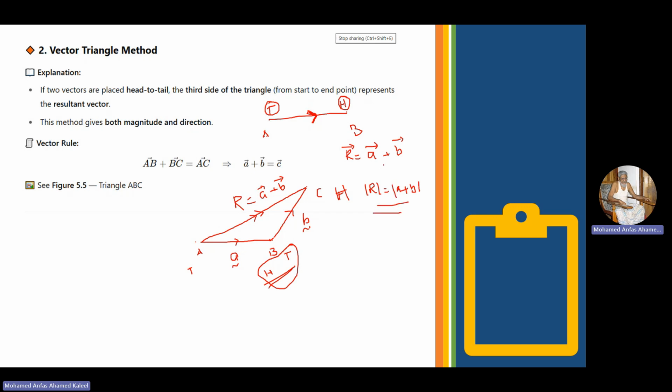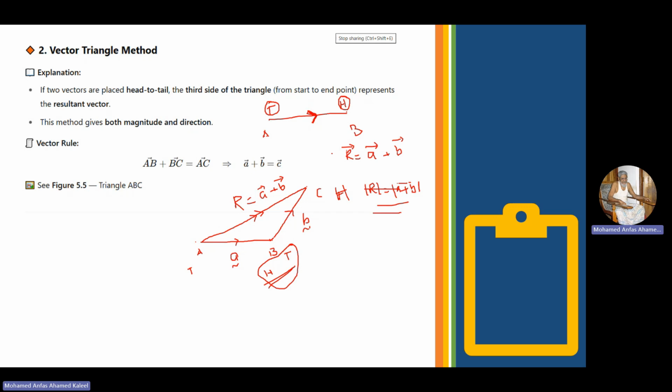This is possible only where the vectors are in the same direction. Here the directions are different, so we have to use the parallelogram theory that we will discuss later.